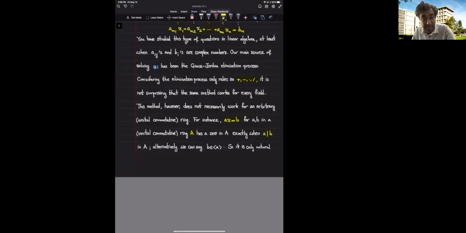Now, if A has a zero divisor, then this equation might have multiple zeros. So in general, for an arbitrary ring A, even an equation of the form ax equals b is not that easy to be handled.